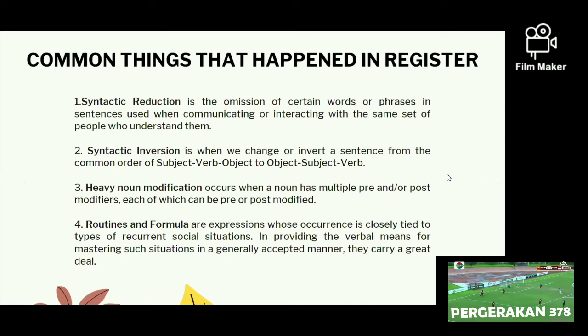So "gerakan 378" means a movement that tricks the enemies, something like that.